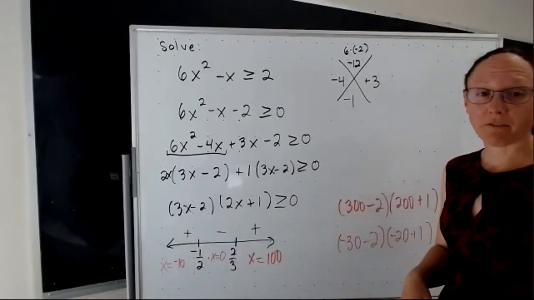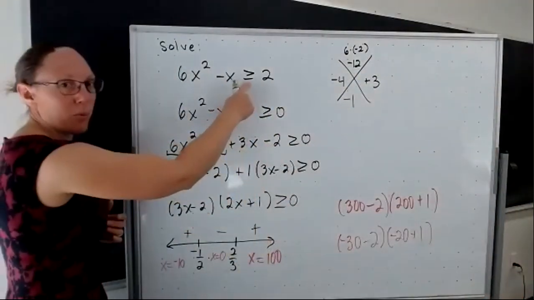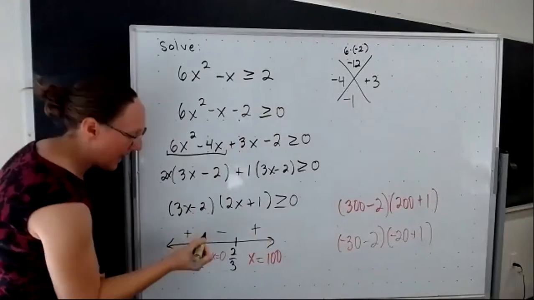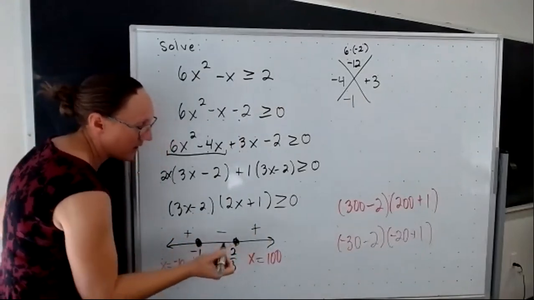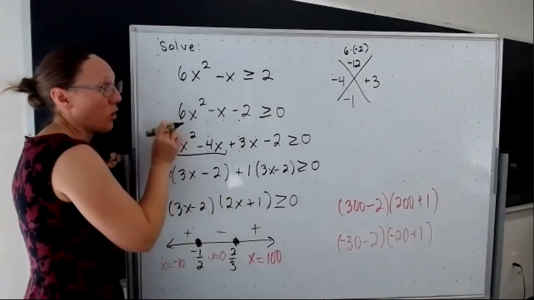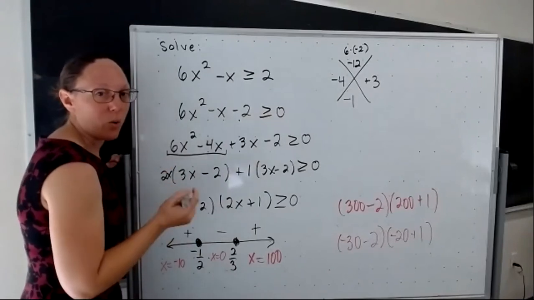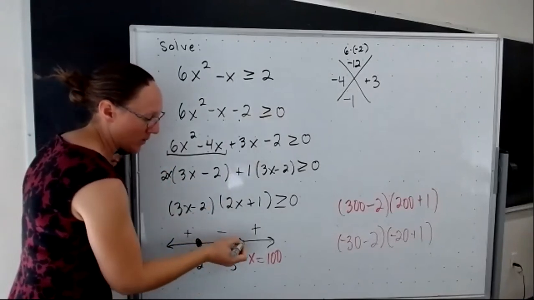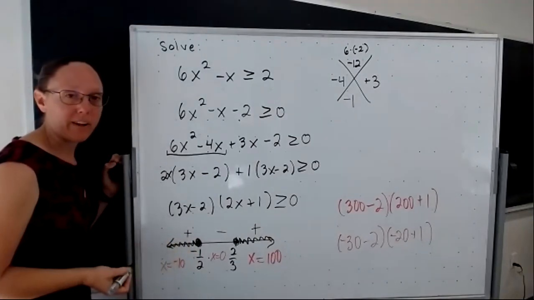This time when we write our final answer, a couple things. First of all, because of the or equal to, I know that I would have filled in circles. And because this says all of this needs to be greater than or equal to 0, I want the positive parts. So I want the part out here and the part out here.